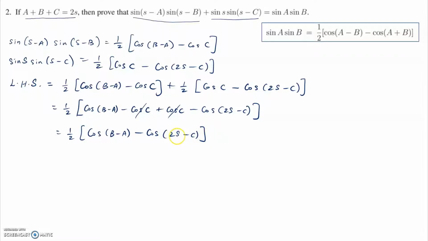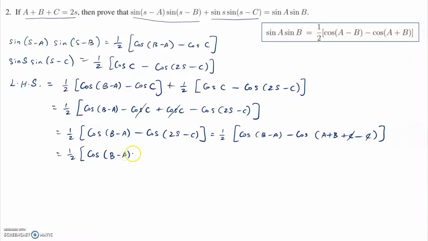And it's given to us that 2s is equal to a plus b plus c. So this we can further simplify as half into cos(b minus a) minus cos(a plus b plus c minus c). Again, plus c and minus c will get cancelled. Now you are left with half into cos(b minus a) minus cos(a plus b).